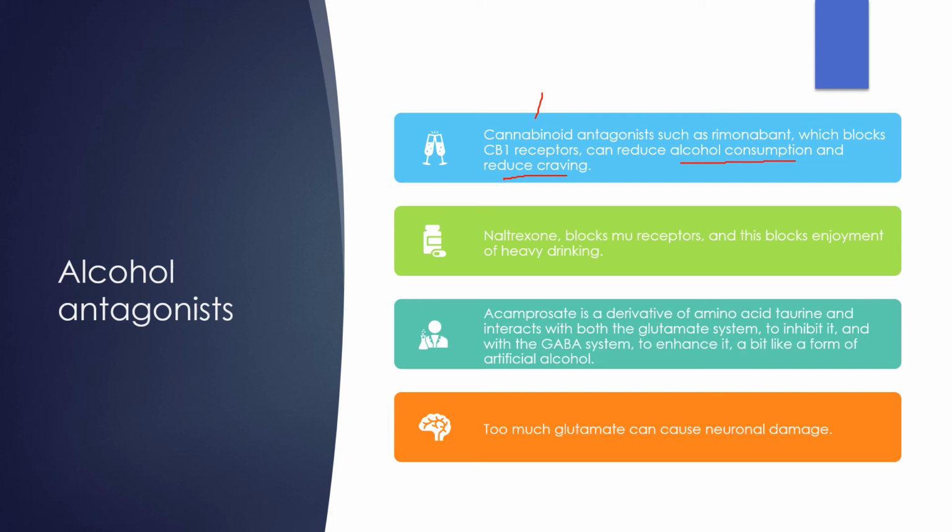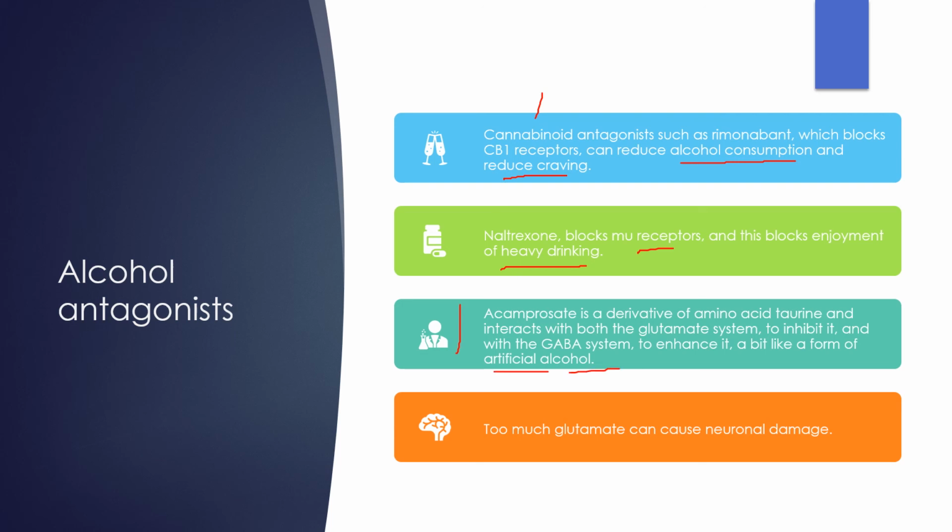Naltrexone blocks mu receptors and this blocks enjoyment of heavy drinking. Acamprosate is a derivative of the amino acid taurine and interacts with both the glutamate system to inhibit and with the GABA system to enhance it, a bit like a form of artificial alcohol.